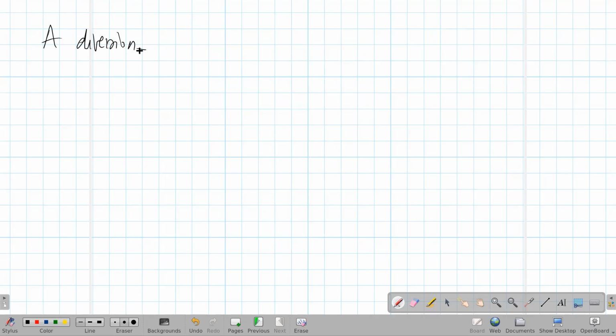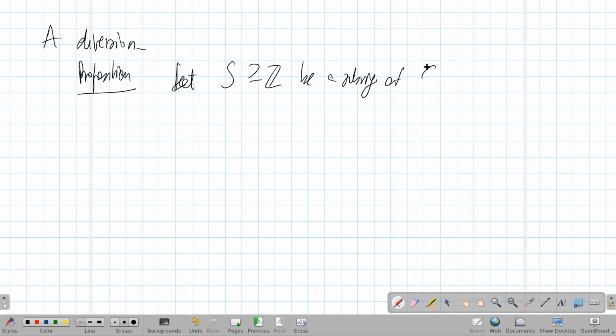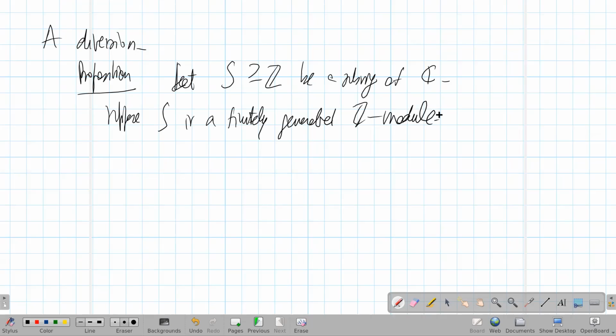It's something about algebraic integers, so we are moving to C. This is a proposition which tells you: let S containing Z be a subring of the complex numbers, and suppose S is a finitely generated Z-module.